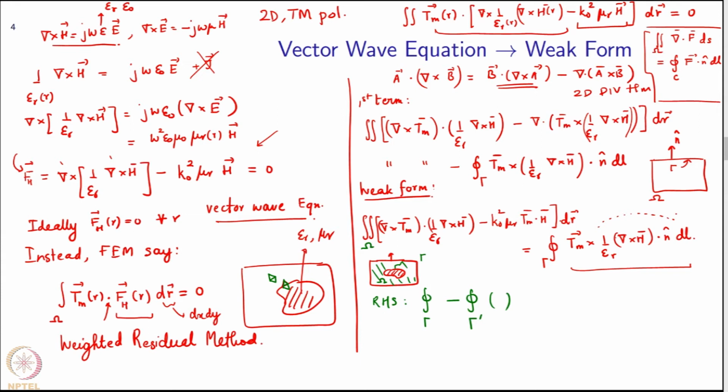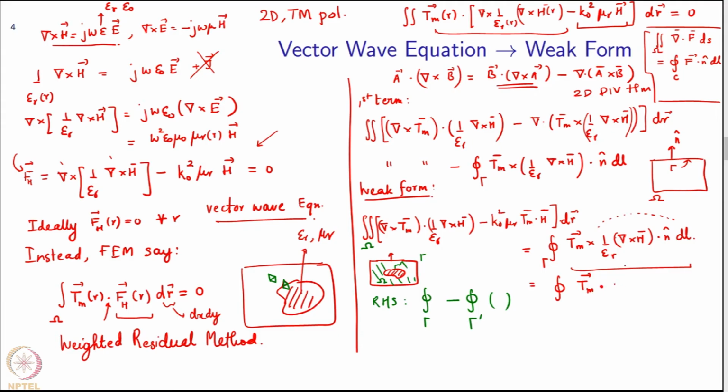Now this expression can also be rewritten in the following way. I have A cross B dot C, right. If I swap the order of the cross and the dot, what happens? Negative sign. So this expression can also be written like this, dot.